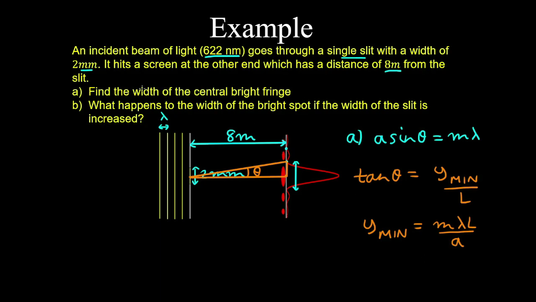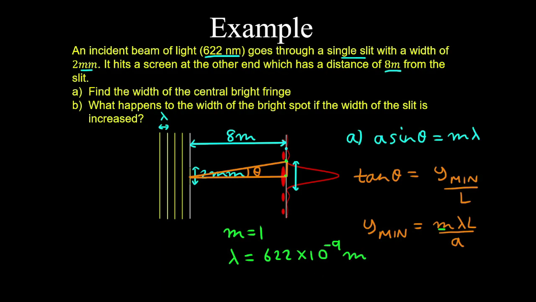Now given we're looking for the width of the central bright fringe, then the distance from the center to the first minimum is obtained by taking m equal to 1. And lambda is the wavelength of light, which is given in nanometers, so we multiply by 10 to the minus 9 to get that in meters.